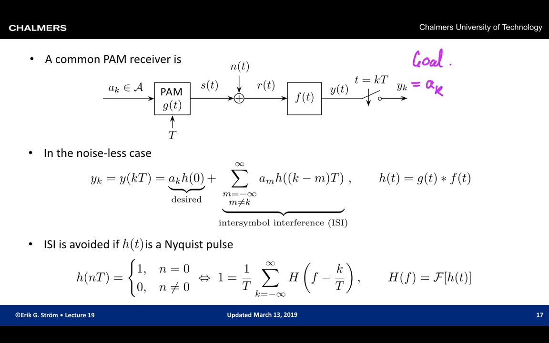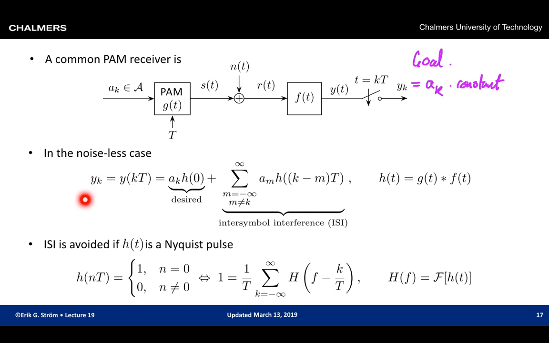Now, if one looks at yk, it turns out that it is indeed equal to ak times a constant. So maybe we should be okay with that. That's fine, right? We can just divide by the constant and then we have the data that was transmitted. So this is fine for us.